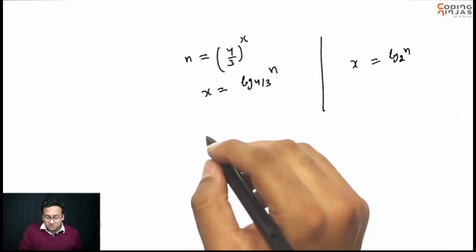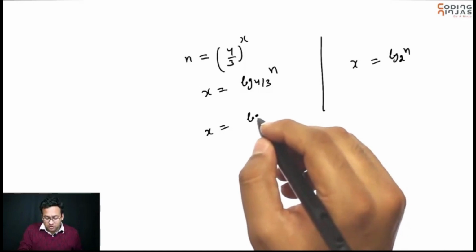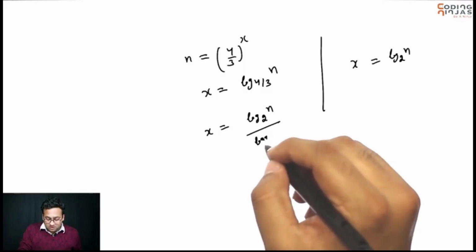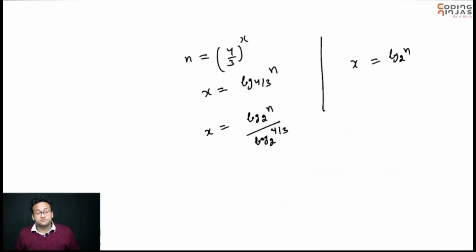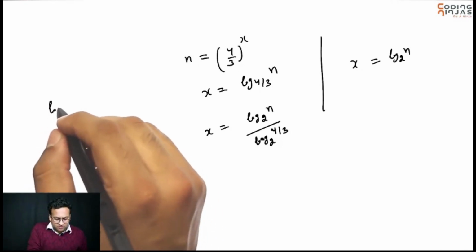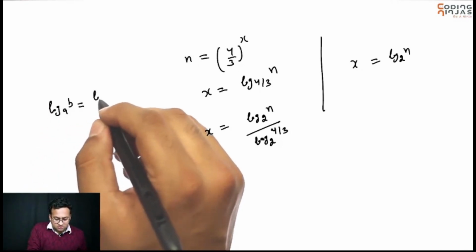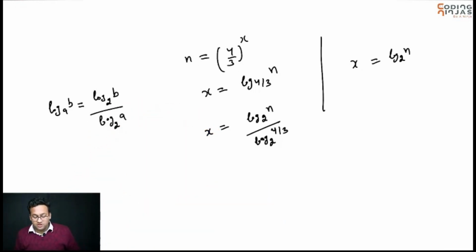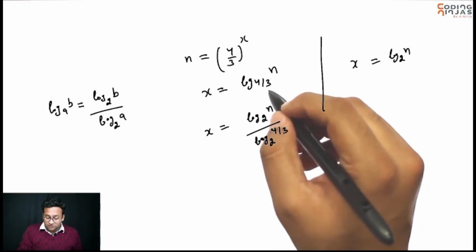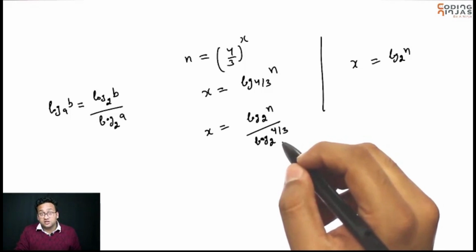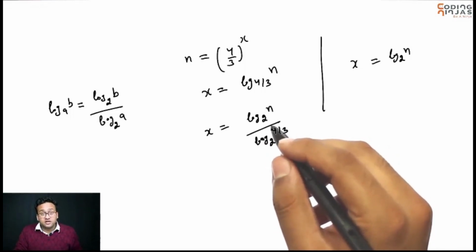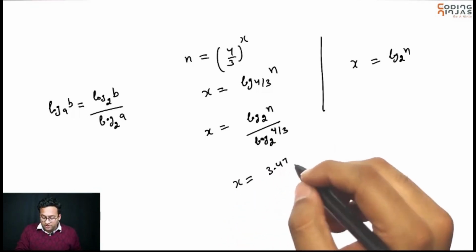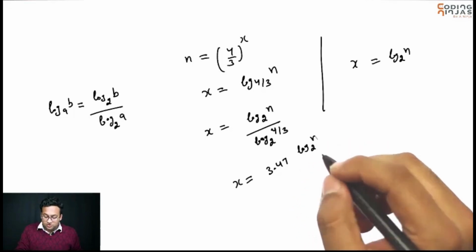If you want to convert to something similar, x is going to be, using the formula of logs, log base 2 of n divided by log base 2 of 4/3. So this was log base 4/3, so this comes in the denominator and this stays in the numerator. This basically means x is equal to 3.47 log base 2 of n.